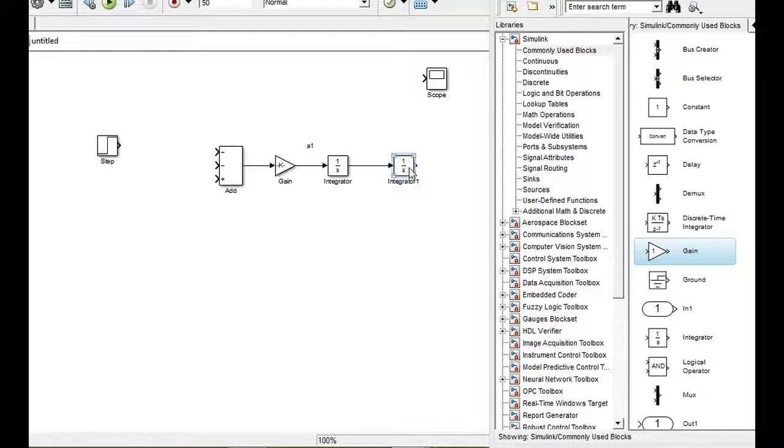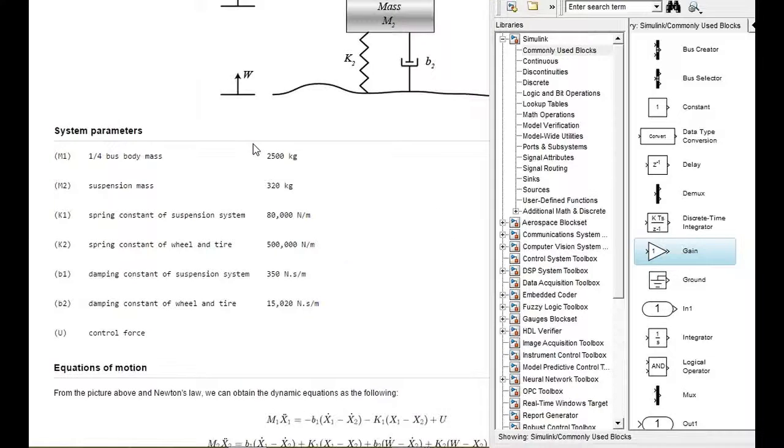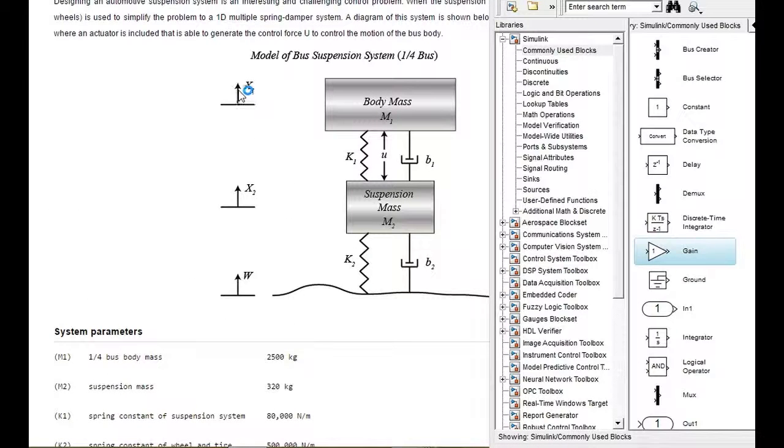In between the gain and the integrator I have mentioned a1, which means acceleration. So when I integrate acceleration I get velocity, and when I integrate velocity I get x1. That is what is mentioned over here. So we got the equation for x1.